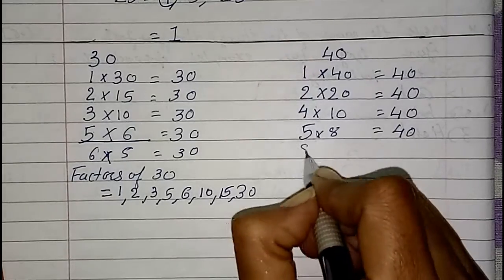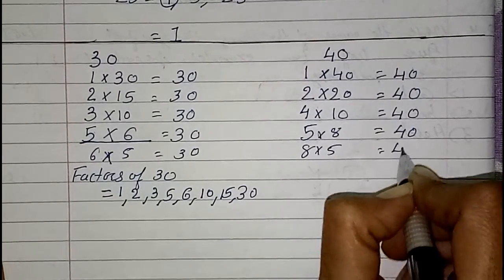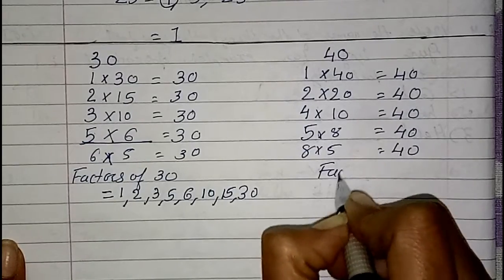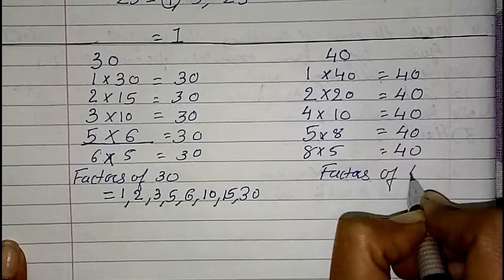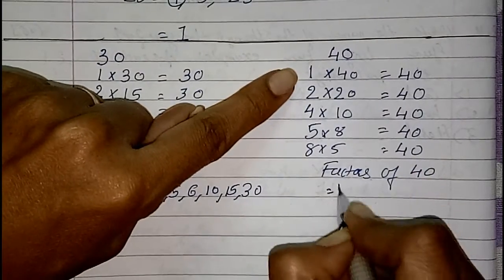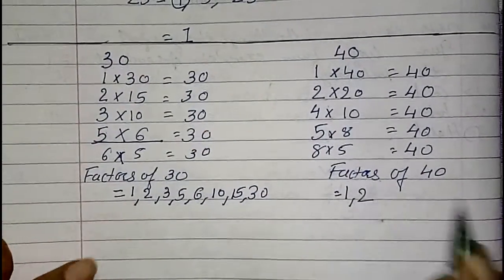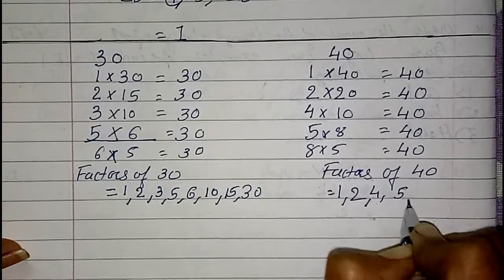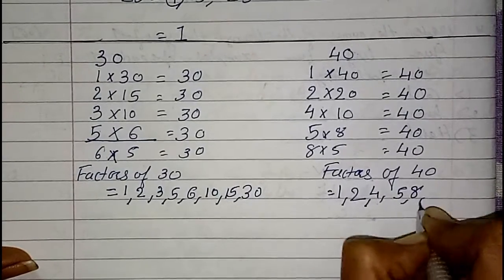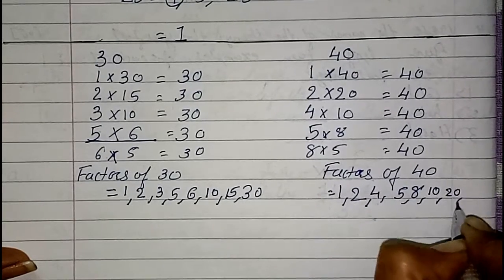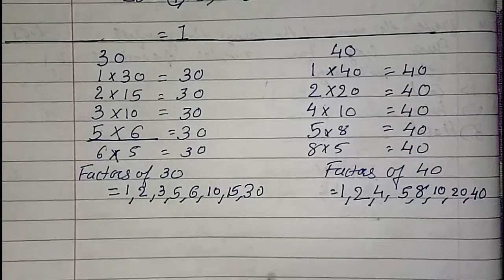And 8. Yes, 8 fives are 40. The number repeated. So write the factors of 40: 1, then 2, 4, 5, 8. 5 and 8 both are there. So 10, 20 and 40.